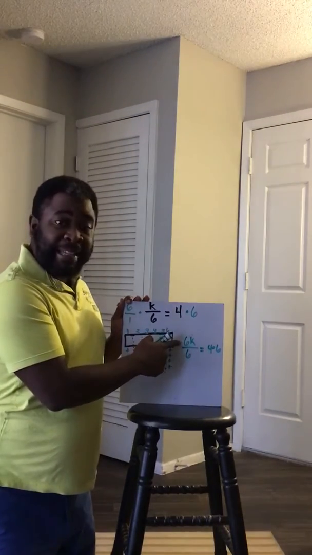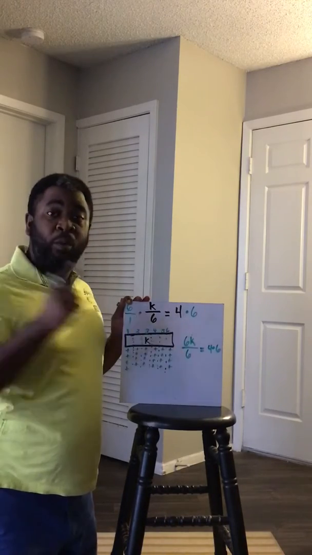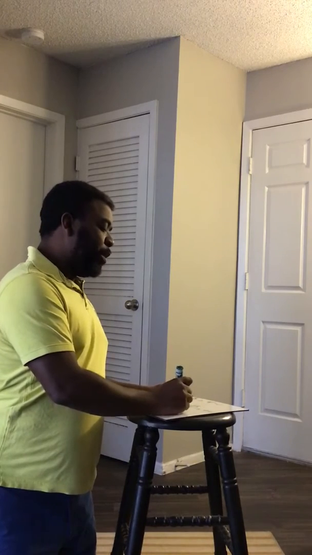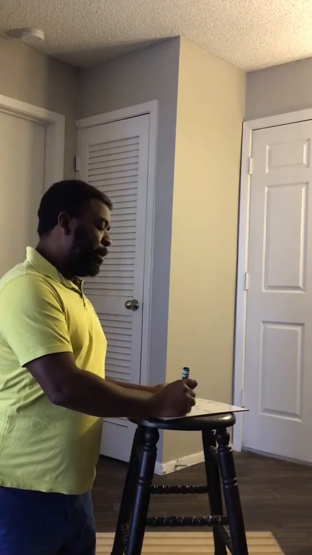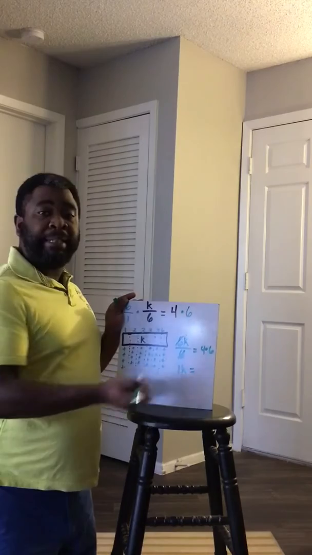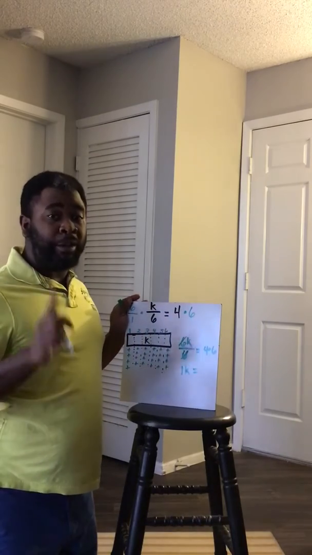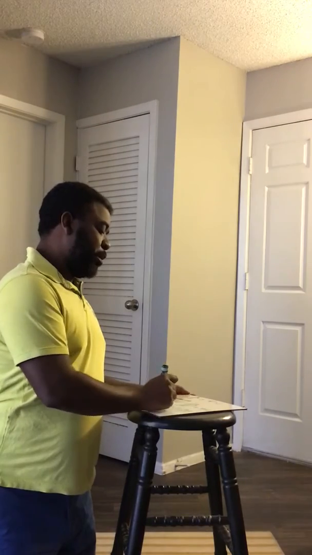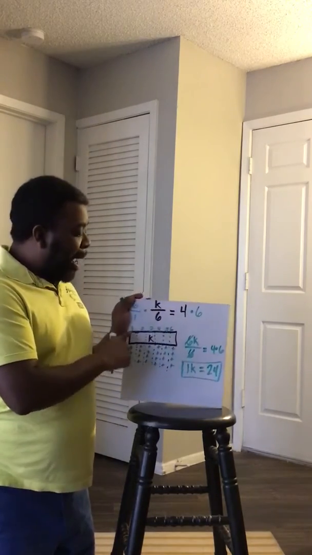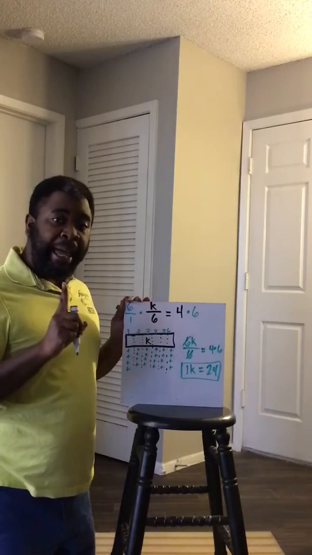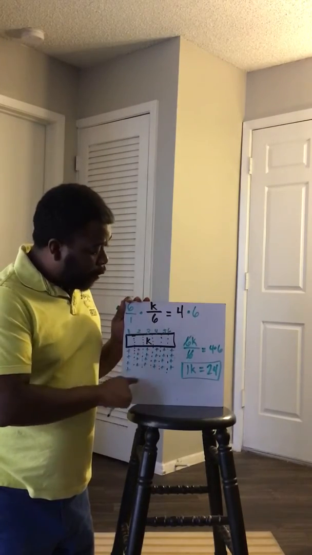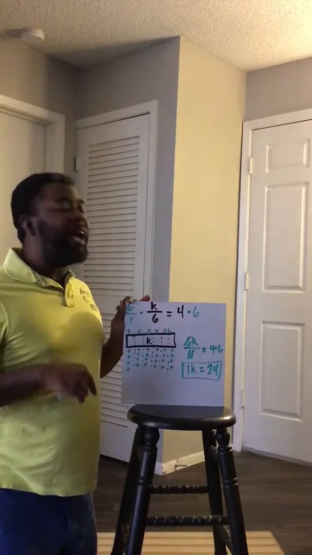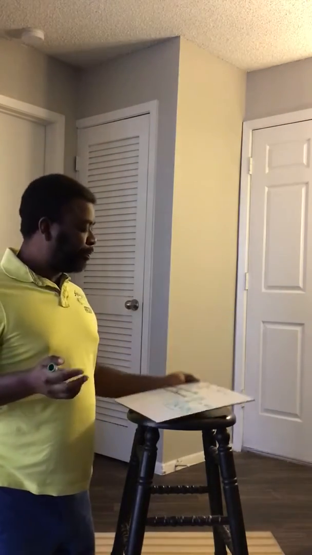We did this last time. 6 goes into 6 one time, leaving me with 1k. And 4 times 6 is 24. Use that multiplication chart. So my whole k, or 1k, is equal to 24 positives.